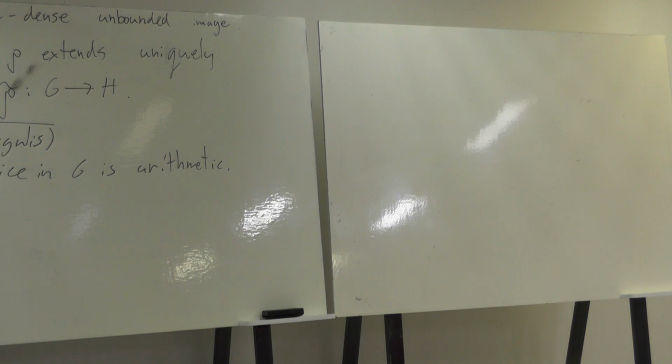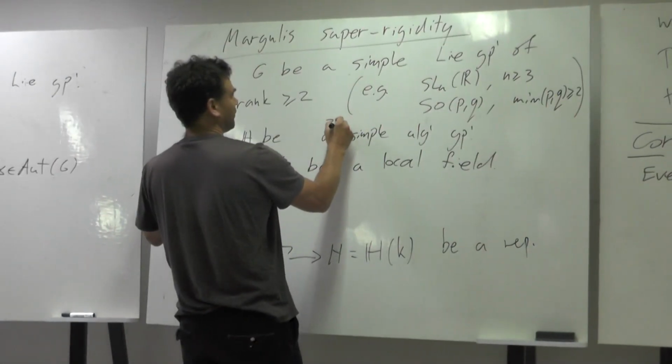One thing that can happen is that it's actually a representation of SL3R. And the other thing that can happen is that the image is finite. And those are the only two. You can take some kind of product, but then the image will not be Zariski connected.